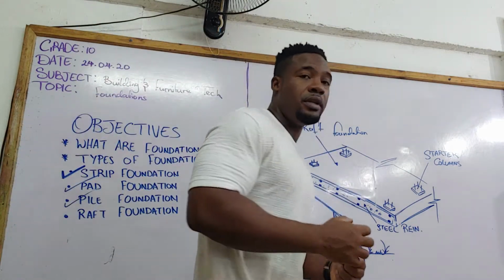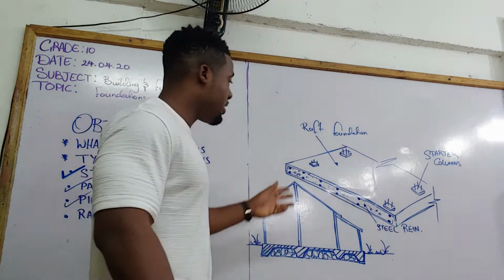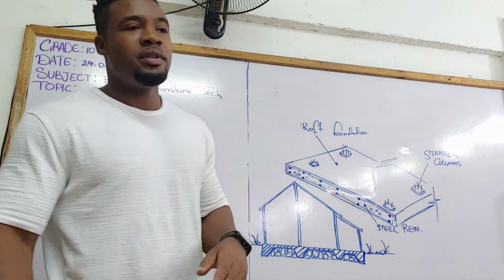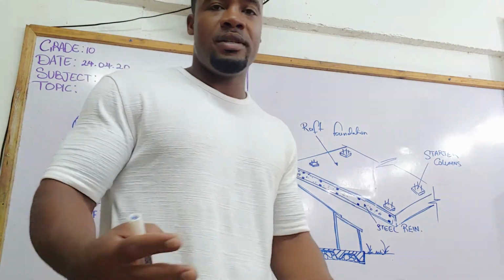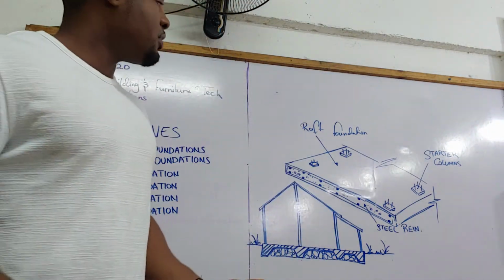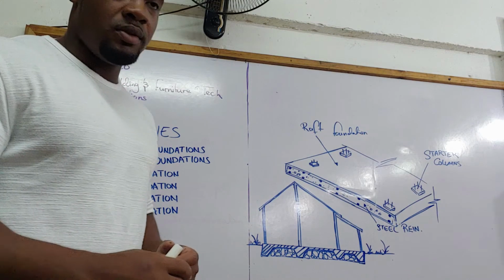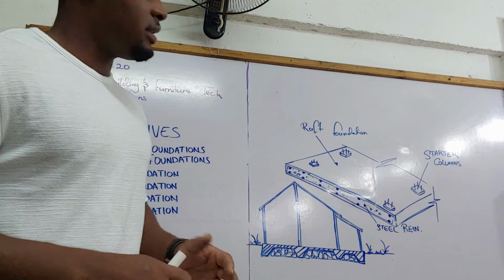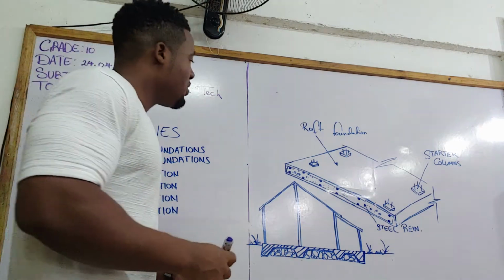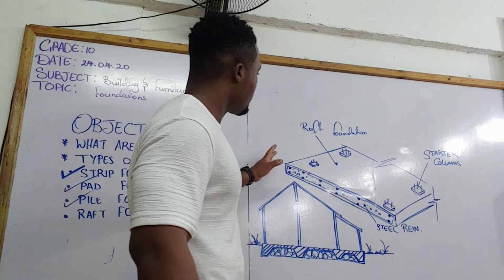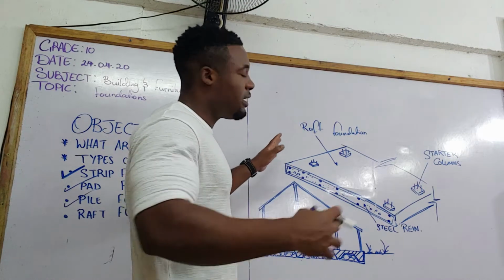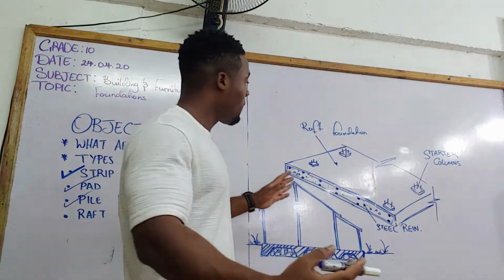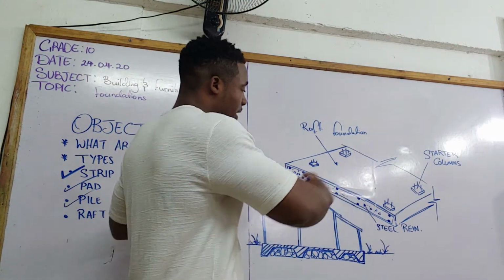Now the raft foundation, if you go ahead and look at my diagram over here, is probably one of the simplest in construction. Before we get into where it is used, let us look at its design. It is basically one solid, widespread structure.